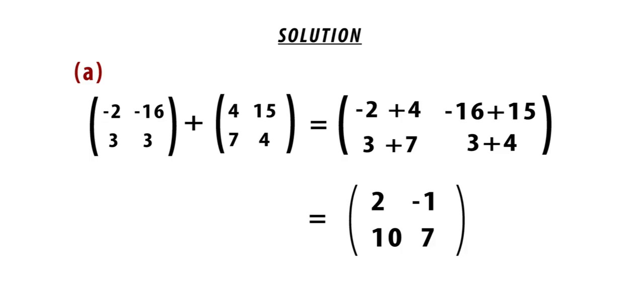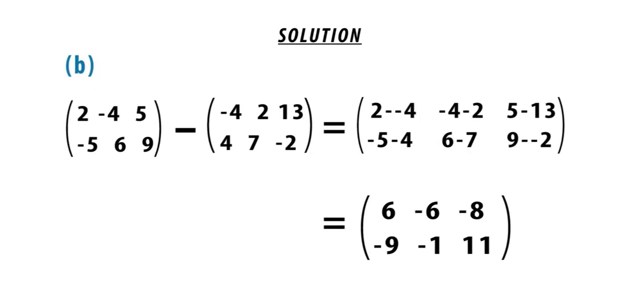Let's take the solution of the second one. We have the matrix 2, negative 4, 5, negative 5, 6, 9 minus the matrix negative 4, 2, 13, 4, 7, negative 2.